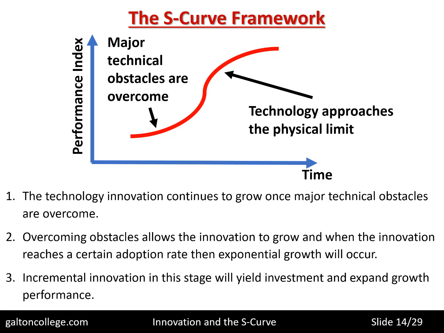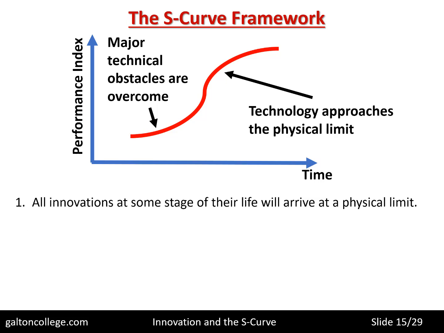So in the center, there will be a lot of growth performance. The performance index will be very high. The organization will experience rapid growth. But then after that, it starts to decline. All innovations at some stage of their lives will arrive at a physical limit.